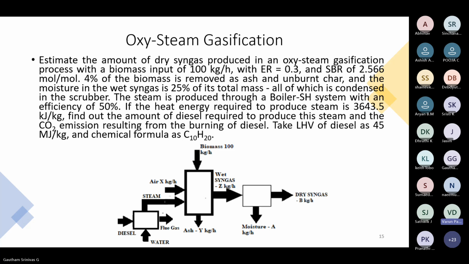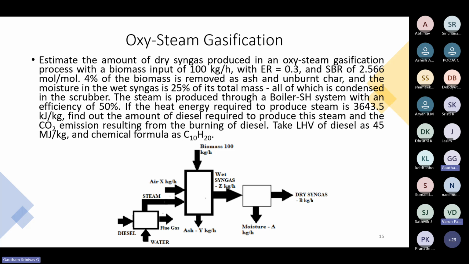Sir, in this oxy-steam question, you mentioned at the end, the second part of the problem you explained, like how much diesel is required. Could you explain that part once? Okay.